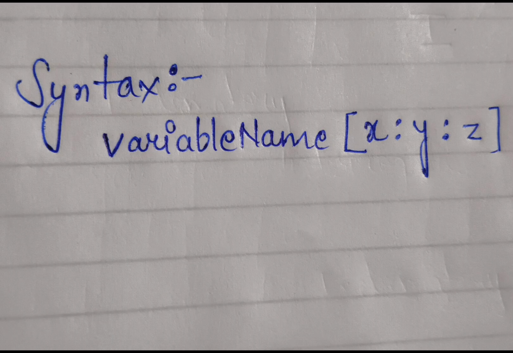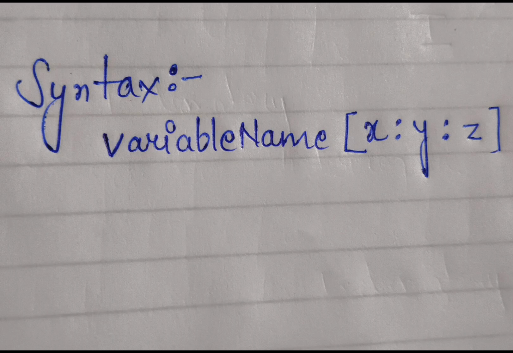So if you want to access the characters till the seventh index, then you have to write 8 at the place of y. So you can access the characters till the seventh index. And z is the update. Like what are the updates we want to give our characters? I will take examples so you can understand it in a more better way.